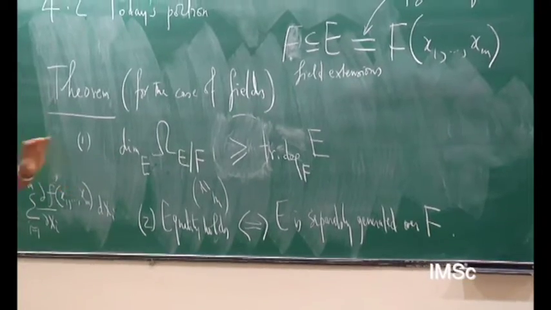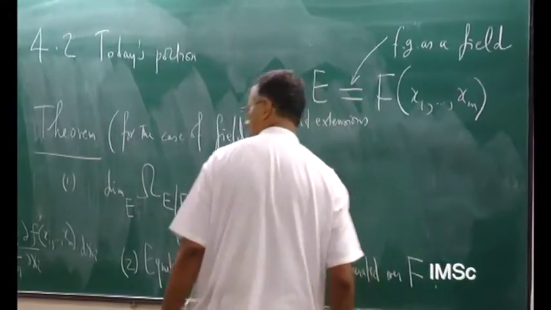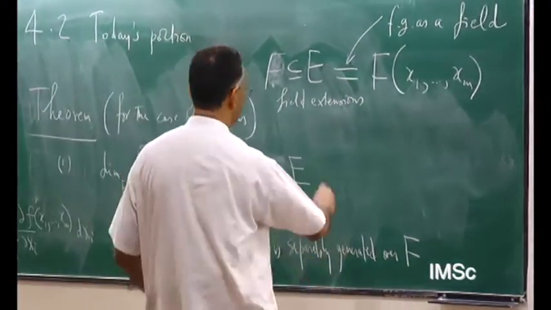So what does it mean that E is separably generated over F? It means the following, so let's put it down here.